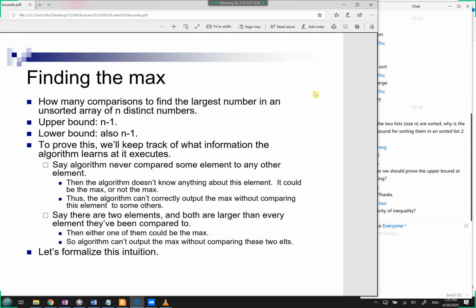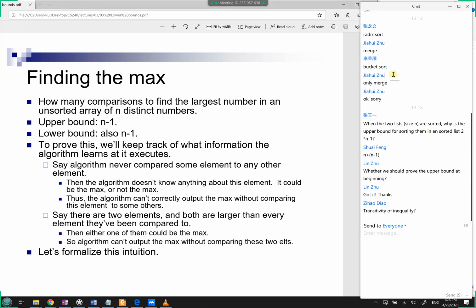To find the largest, it's pretty easy, right? You go through all the elements and keep track of the largest value that you've seen. But what about the complexity to find the second largest value? Can anyone propose an algorithm to do that?